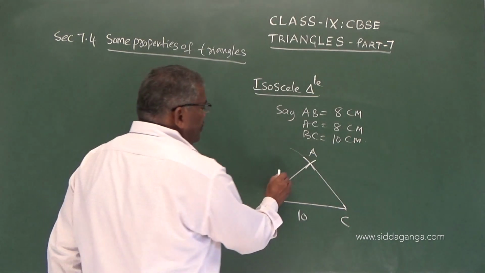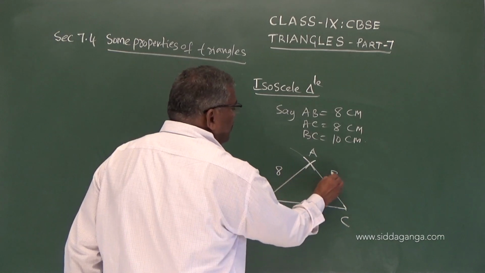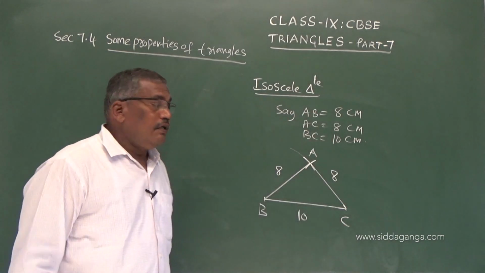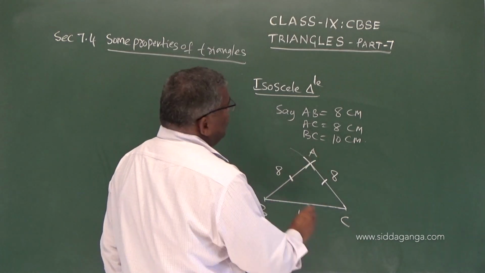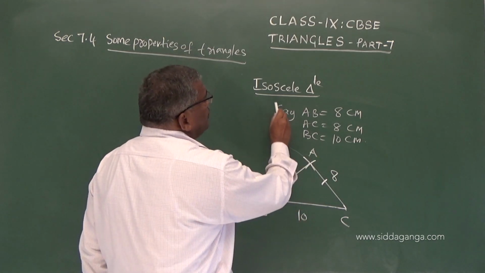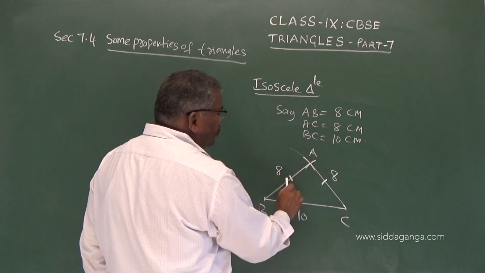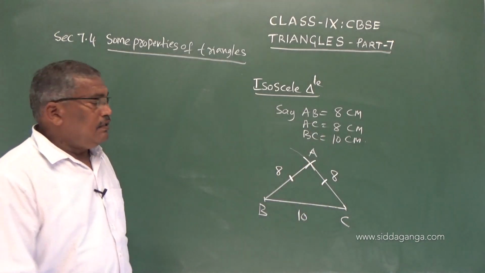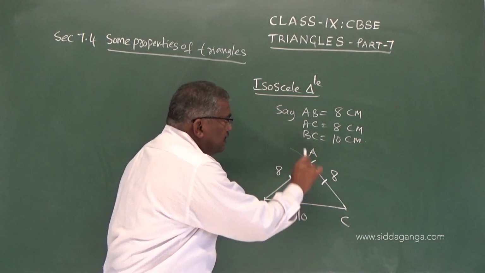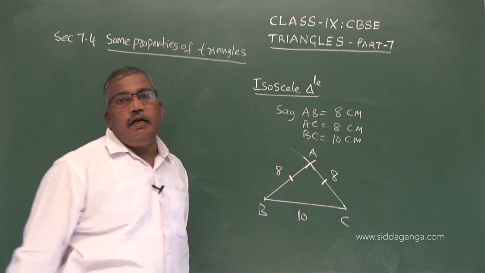So here this is 10 centimeter, this is 8 centimeter. So therefore this is equal to this. Now what we have done, we have constructed a triangle with two sides equal. That means ABC is an isosceles triangle.